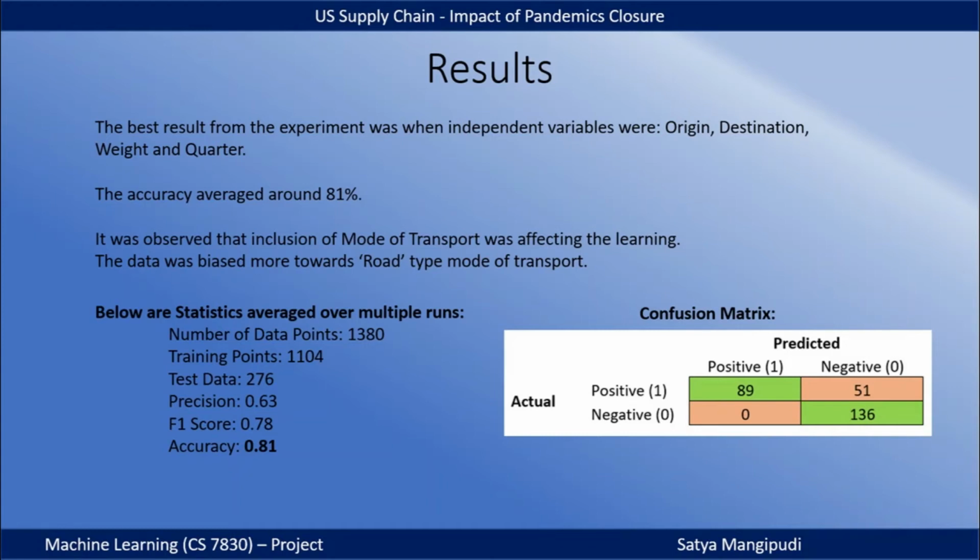It looked like the data was biased more towards road. Statistics from one of the experiments are shown here. The data was split 80% to 20% for learning and testing. We would like the precision and F1 score to be around 1. The confusion matrix was the primary tool used to compare the results.